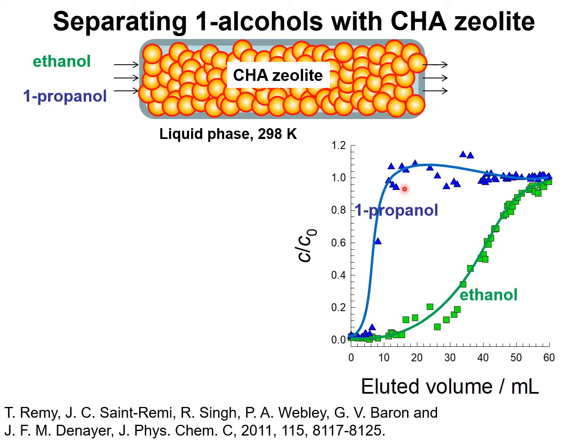This hierarchy of breakthroughs is clearly not on the basis of the hierarchy of binding strengths. If that were the case, 1-propanol would remain more strongly adsorbed and would break through later.